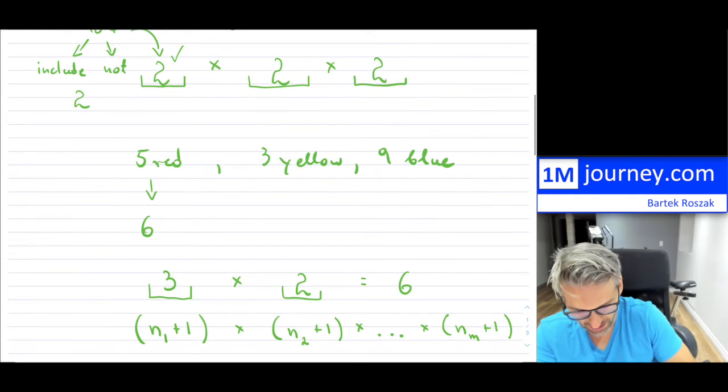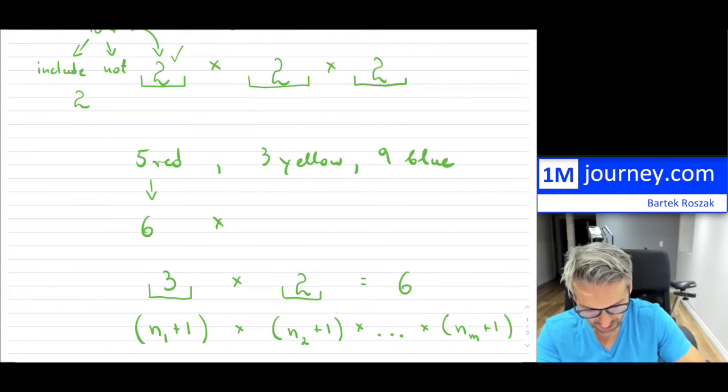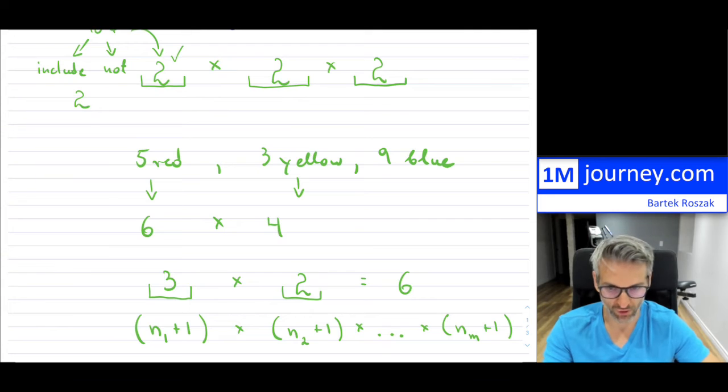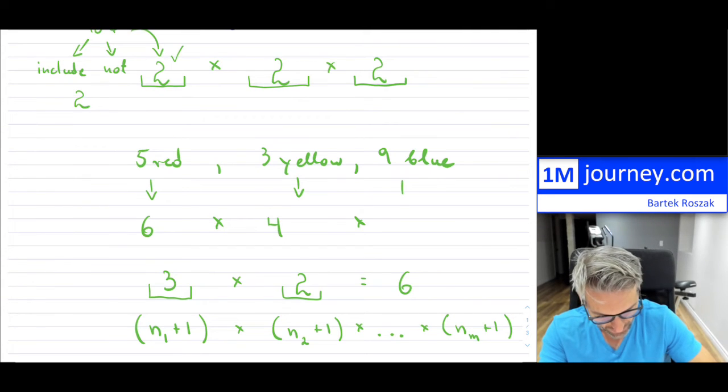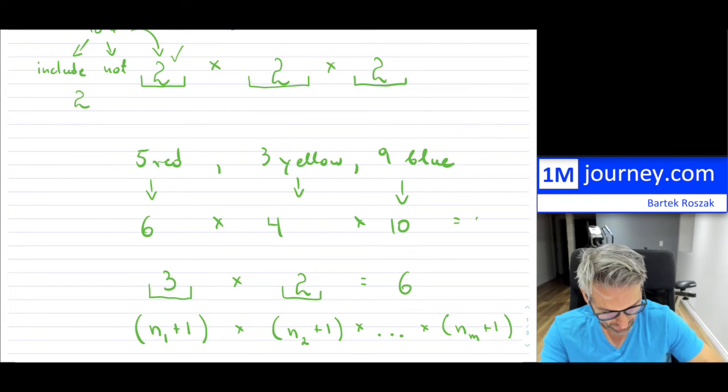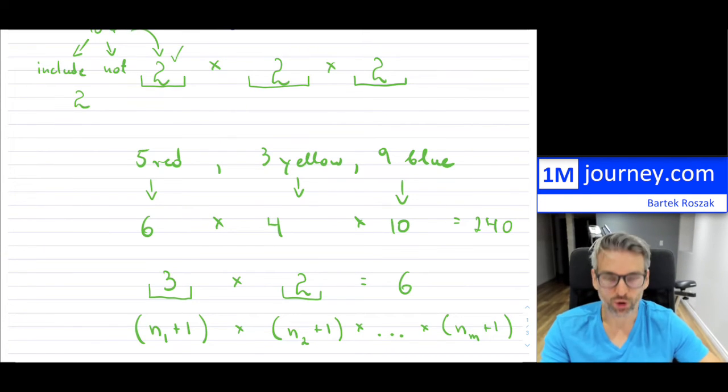So this would have been 6 multiplied by, from the yellow, this would have been 4, so no yellow, and then either 1, 2, or 3, and so on, and then this one would have been 10. And now when you multiply this entire thing, 6 times 4 is 24, times 10 would have been 240 total different ways that I can choose.